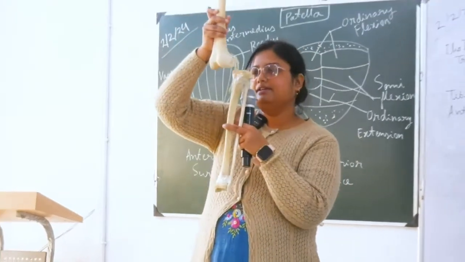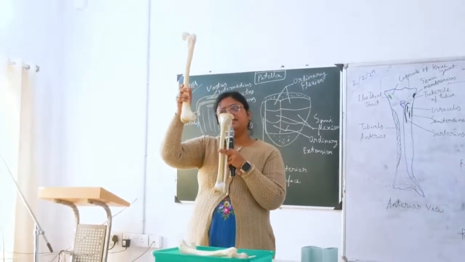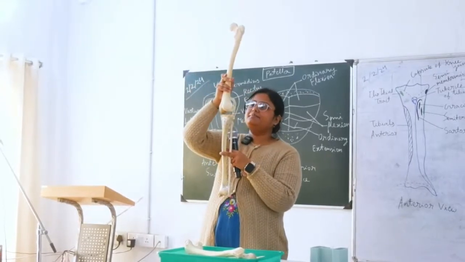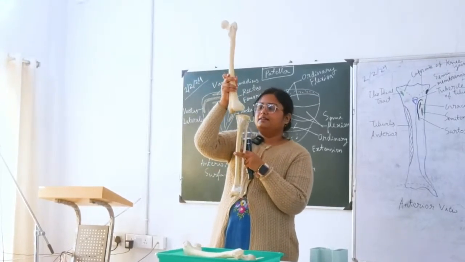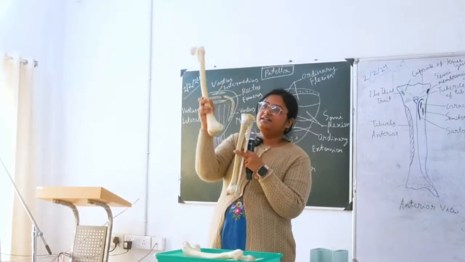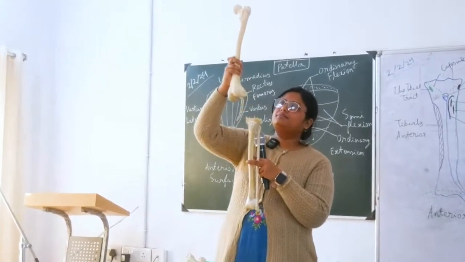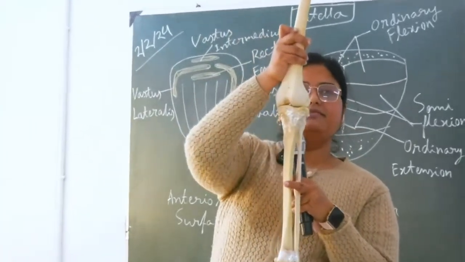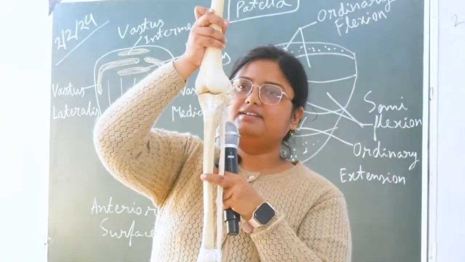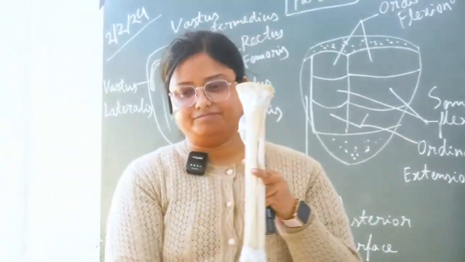Intervening between the two bones lie the menisci, lateral and medial menisci, and condyles of femur and condyles of tibia together form the knee joint.